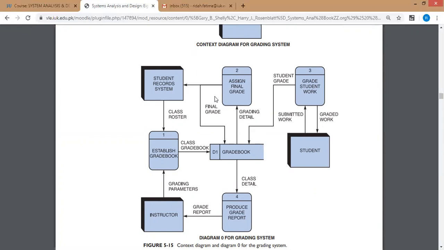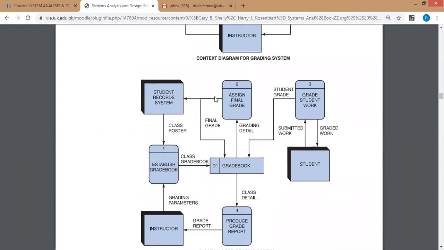The basic difference is that a context level diagram is an upper level view of what is there in the system, whereas level 0 breaks down into multiple functionalities, which are the major functionalities that will take place in my system, whatever my system is.